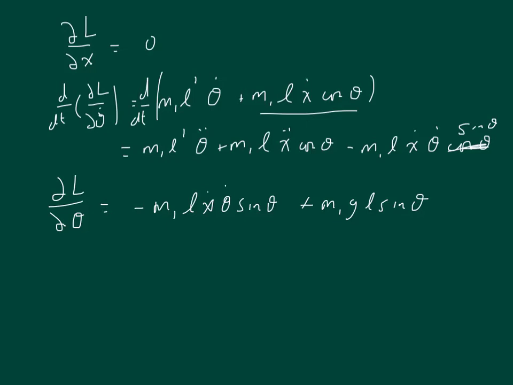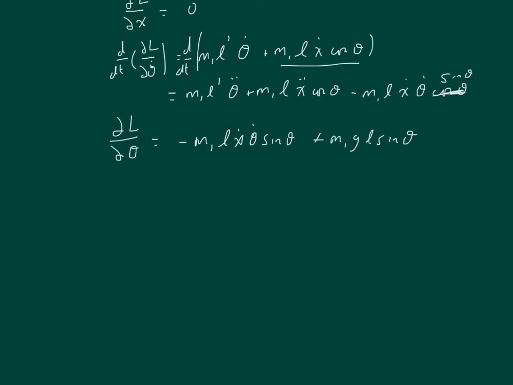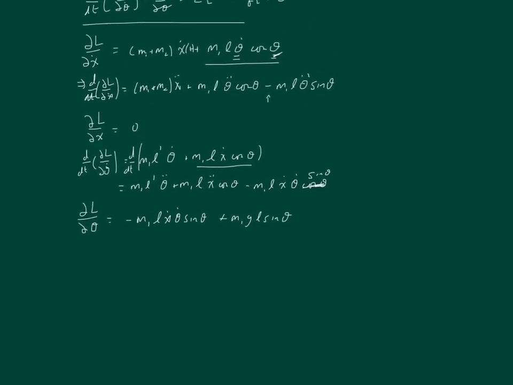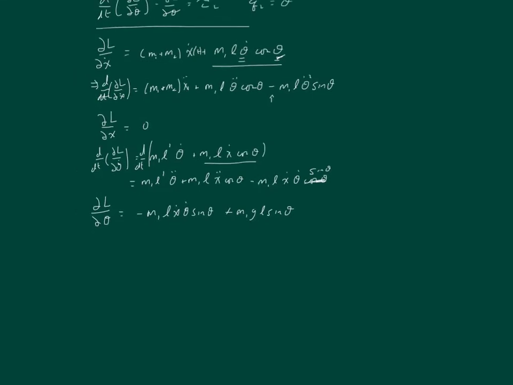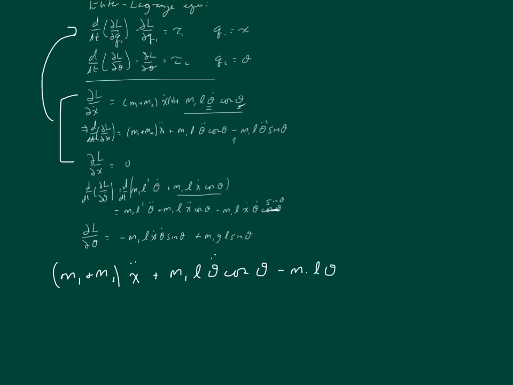Okay, so the Euler-Lagrange equations, then, when we put all this together, we're going to combine those two equations into here, and we're going to get (m1 plus m2) x double dot plus m1 L theta double dot cosine of theta minus m1 L theta dot squared sine theta, minus 0, is equal to the generalized force on x, which is going to be F minus b x dot.